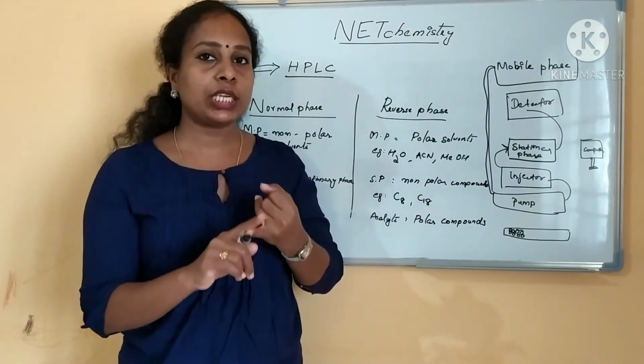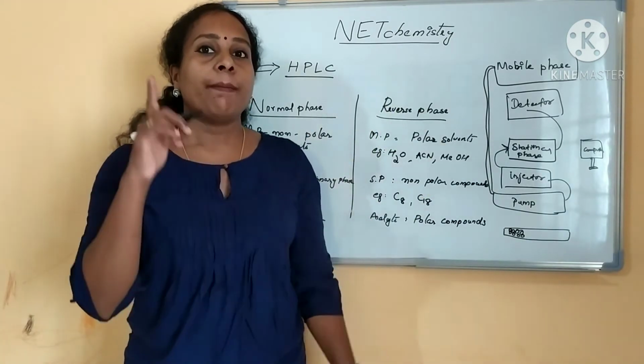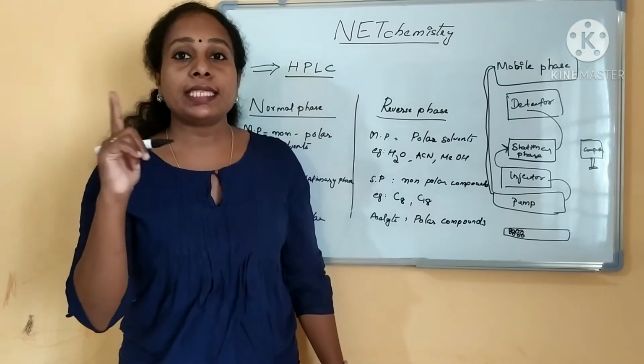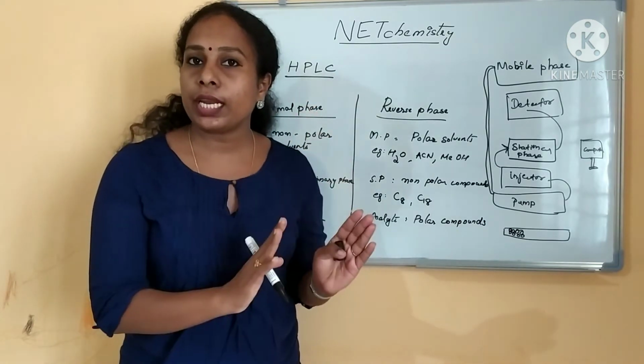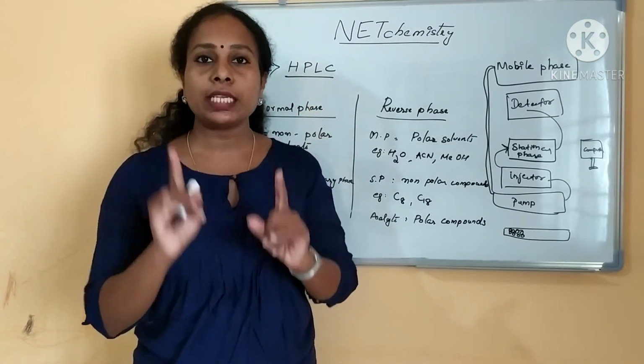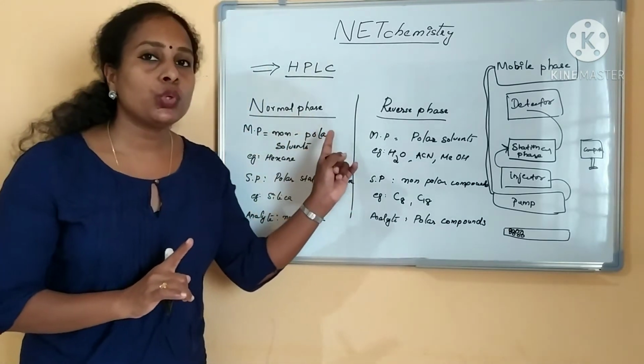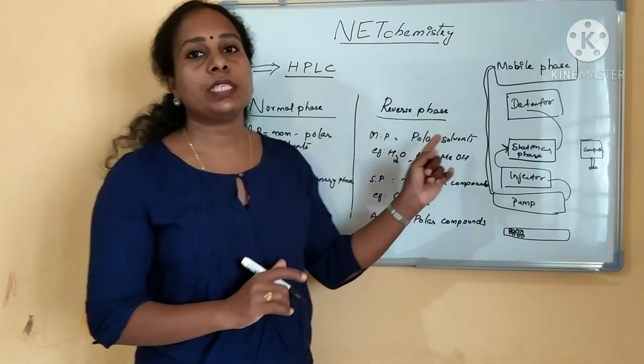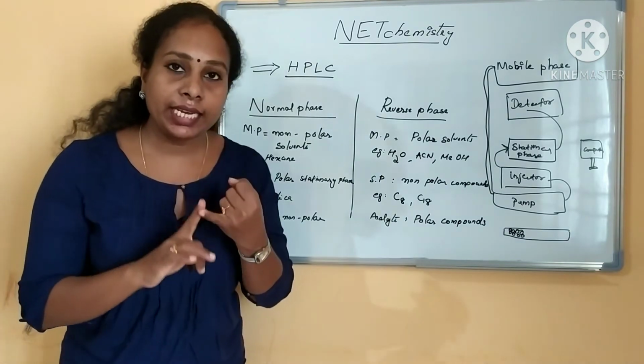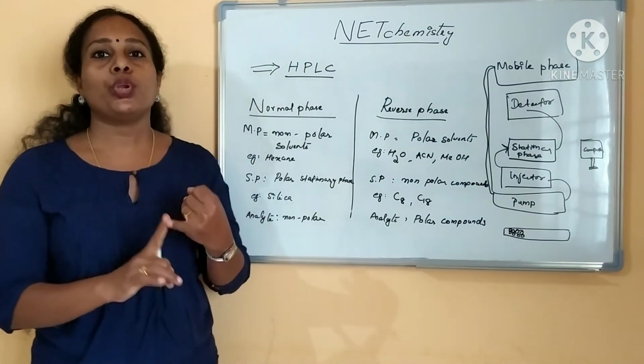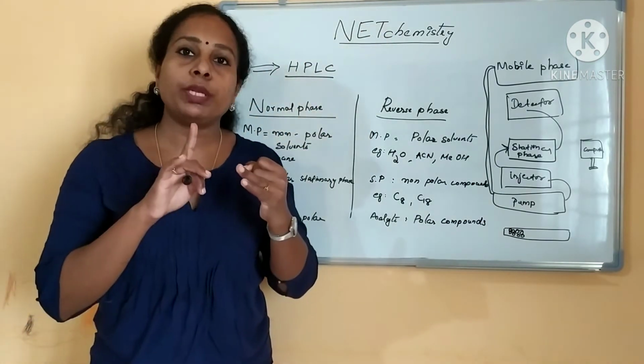Clear? The mobile phase and stationary phase are changed based on our analysis requirement. Based on what type of analyte you are going to analyze, we have to choose normal phase or reverse phase. If your analyte is a non-polar compound, your mobile phase also should be non-polar.